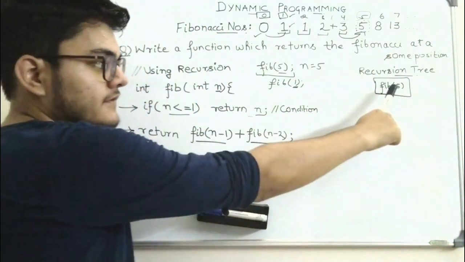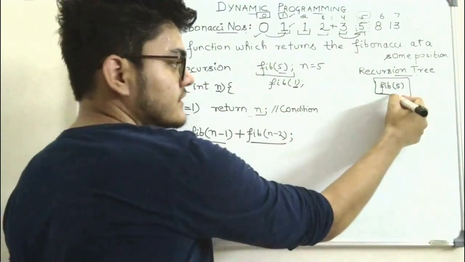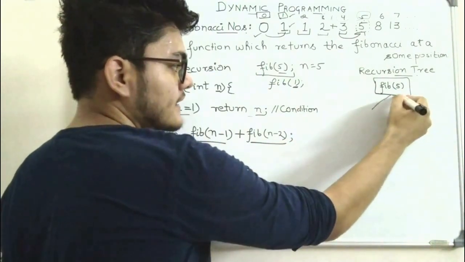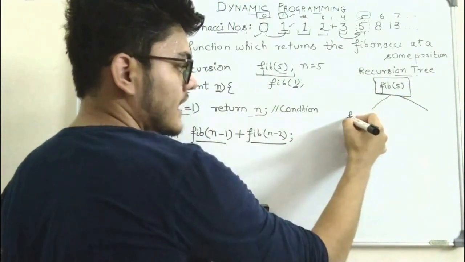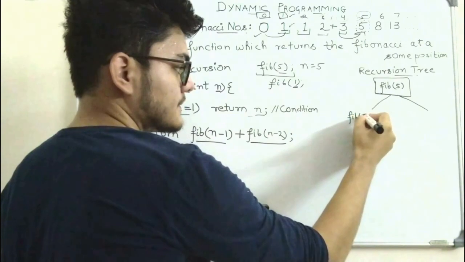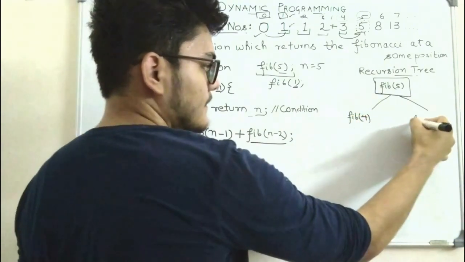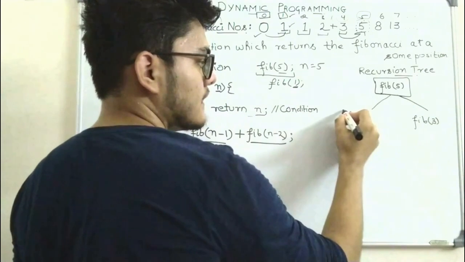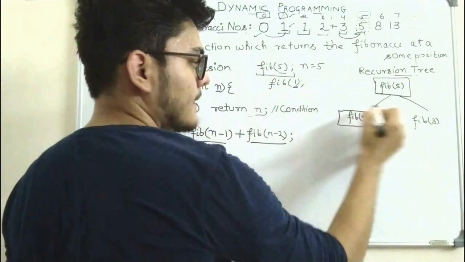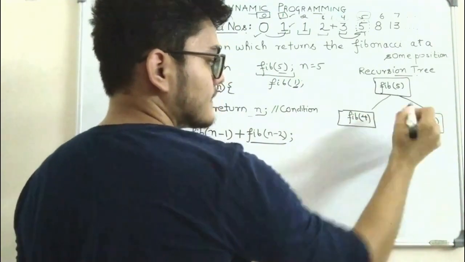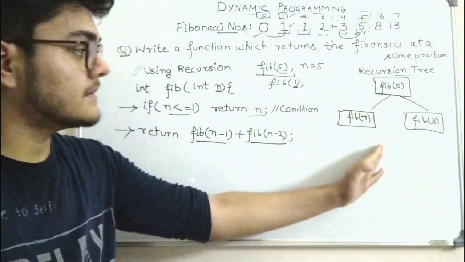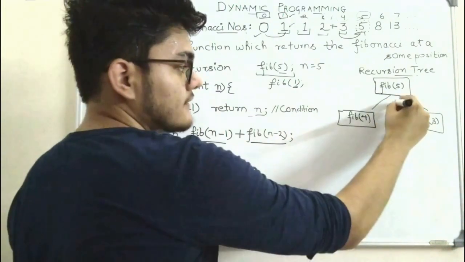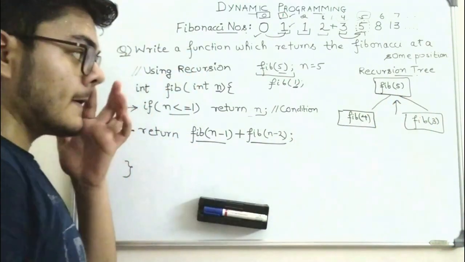To calculate it, I will first have to calculate the Fibonacci number at the 4th position and the Fibonacci number at the 3rd position. And then I will have to add them up to get Fibonacci of 5.